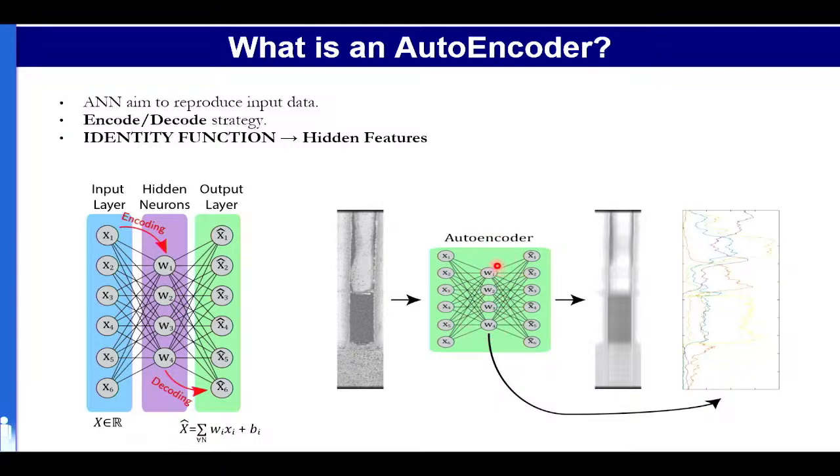But a fancier PCA, because PCA is linear by construction, and here you can have non-linearities due to activation functions. So it's a more sophisticated way of extracting features. This is divided in two parts, what we call the encoder and the decoder.